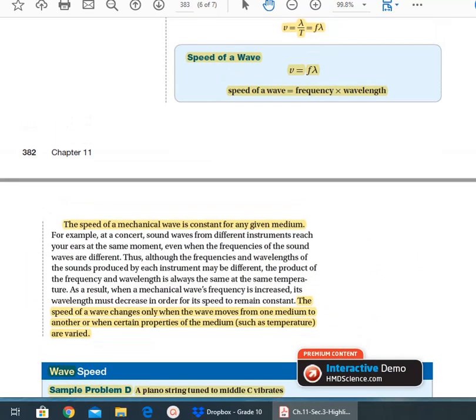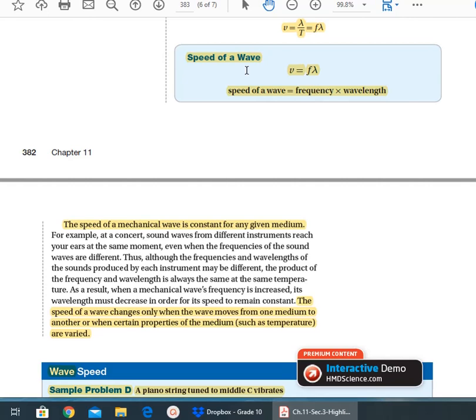Keep in mind that sound waves travel with the same speed in one medium, or in a given medium. So the speed of a mechanical wave is constant for any given medium.